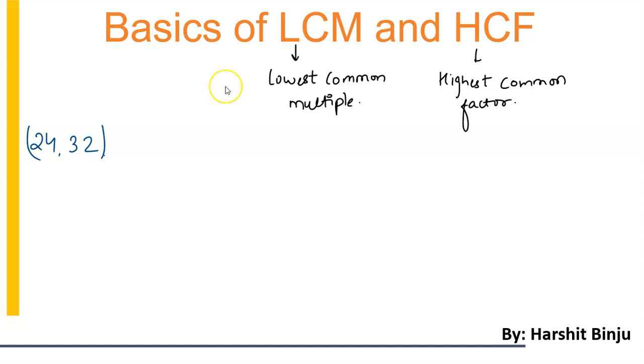First of all, let me make you understand what is meant by the lowest common multiple. If I'm asking you to calculate the LCM of 24 and 32, what exactly am I expecting from you?